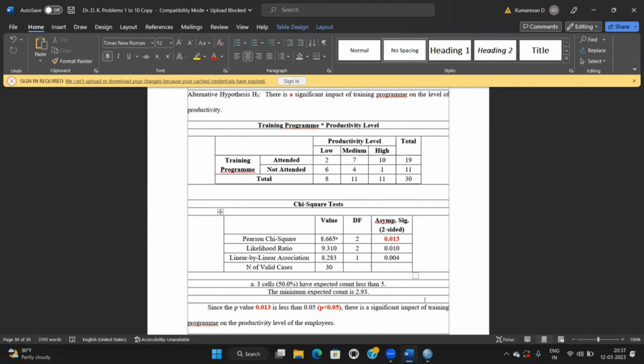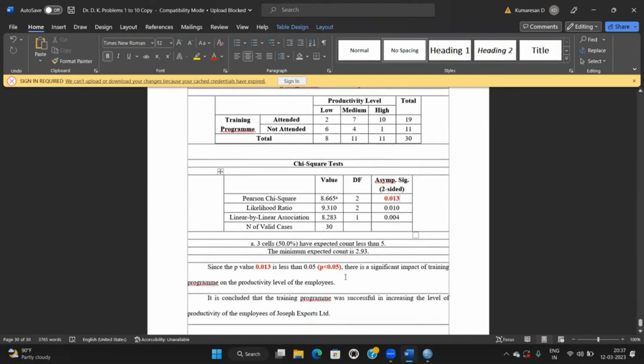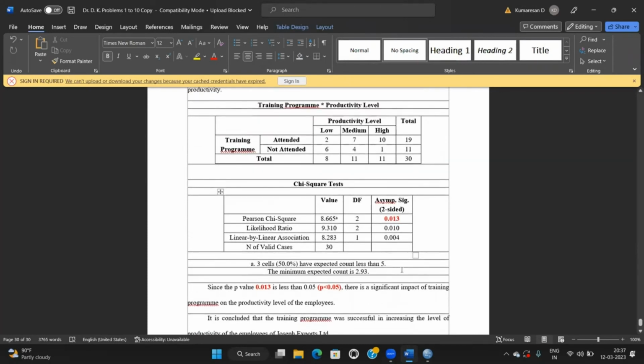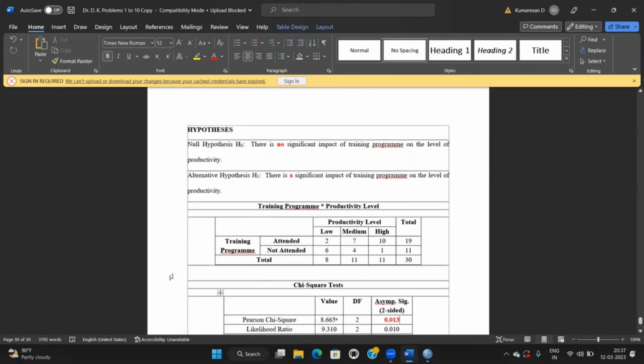So we have to check whether the p-value is less than 0.05 or greater than 0.05. It is less than 0.05. If the p-value is less than 0.05, the possibility for accepting null hypothesis is less. If the possibility is less, then reject the null hypothesis. If the null hypothesis is rejected, you can accept the alternative hypothesis.